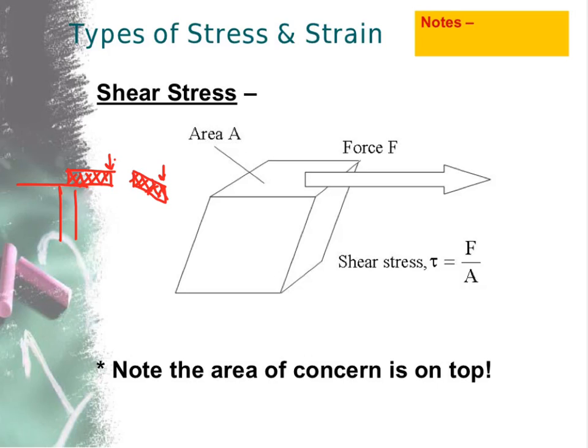Now, shear stress, just like our other two types of stresses, is calculated by taking force divided by area. But watch out. Danger, Will Robinson. The area that we are concerned about with shear stress is this area on top, where we are applying the force.